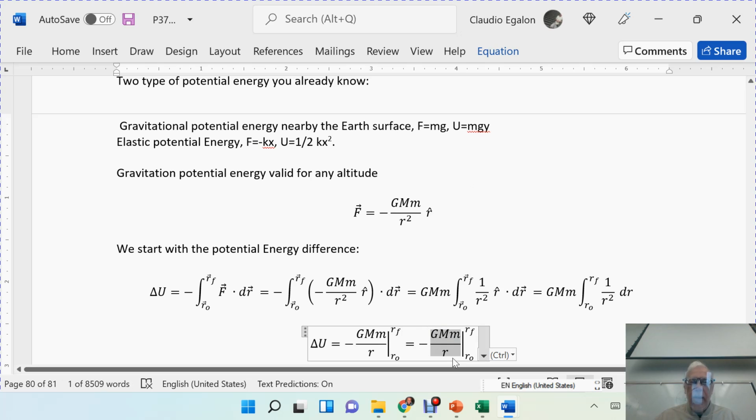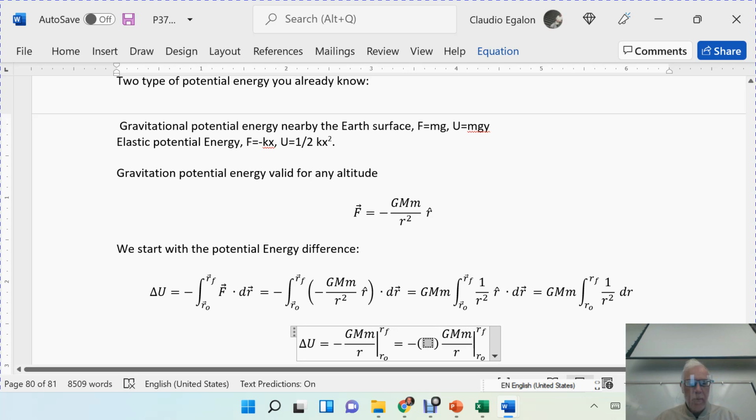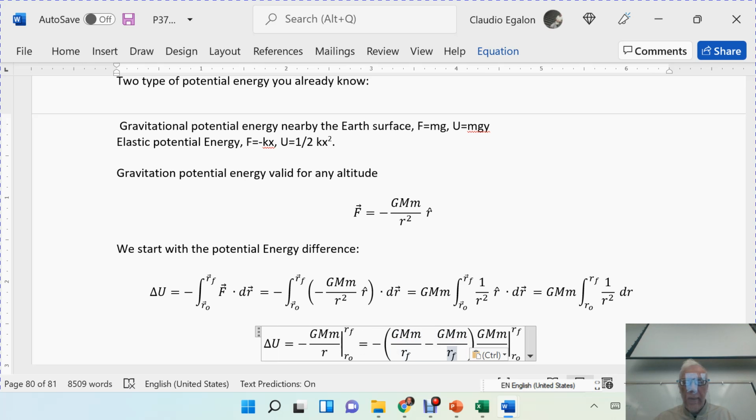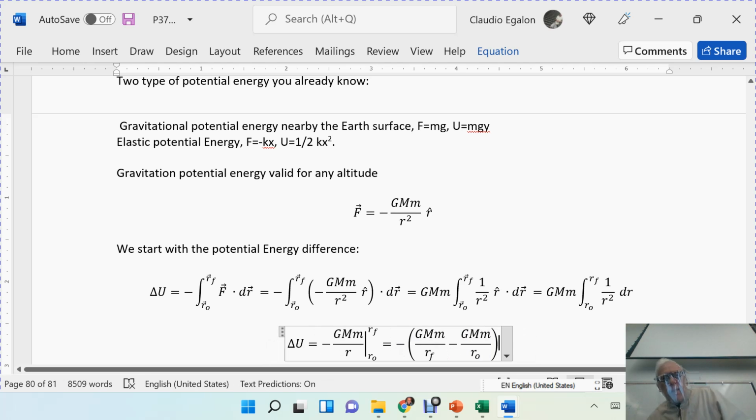The first one goes like that, the next one should be R naught. That's my potential energy difference.